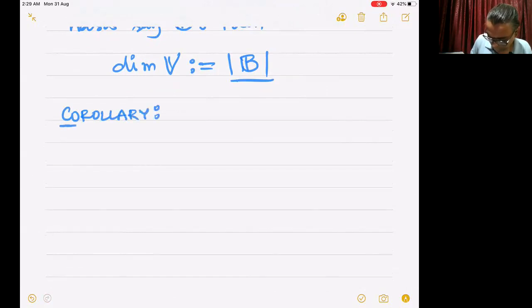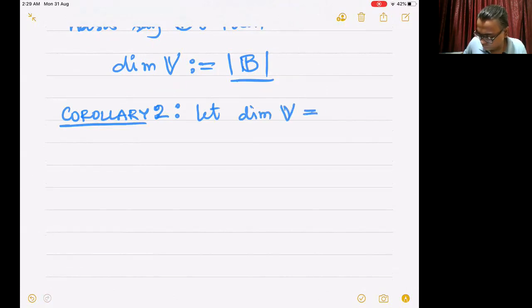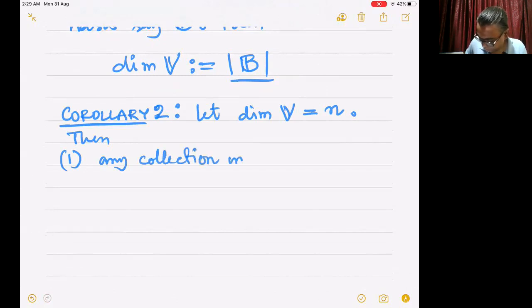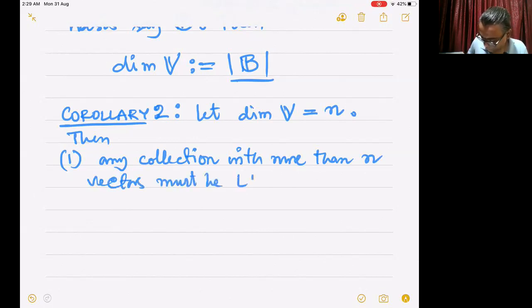which is corollary number 2. It says that let V be a vector space whose dimension is equal to n. Then number 1, any collection with more than n vectors must be linearly dependent.